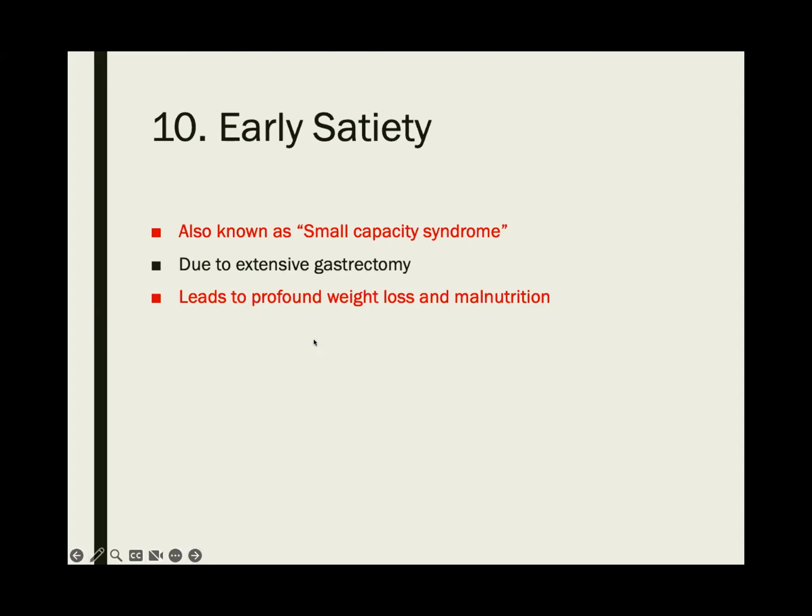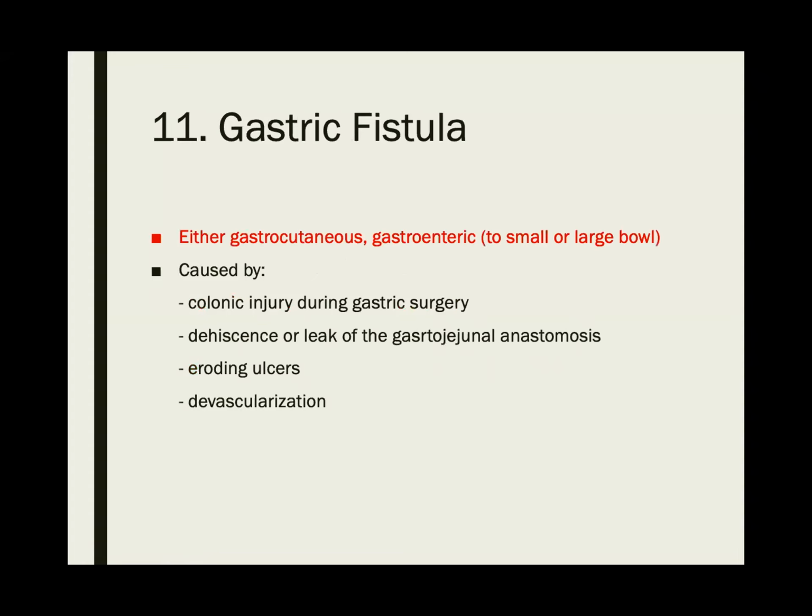We do these procedures in order to cut down the volume of the stomach. Therefore, patients will have early satiety. They can't eat large volumes, and therefore they would lose profound weight. But in addition to that, there would be malnutrition, which is managed by supplements. Okay.